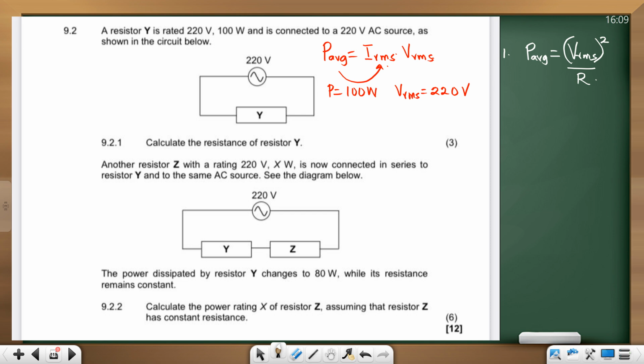You want to do that for me quickly, everybody? 100 equals 220 squared over R. This gets me R. Oh, this I can do. 48400. Answer is 484. Am I right? Please confirm.